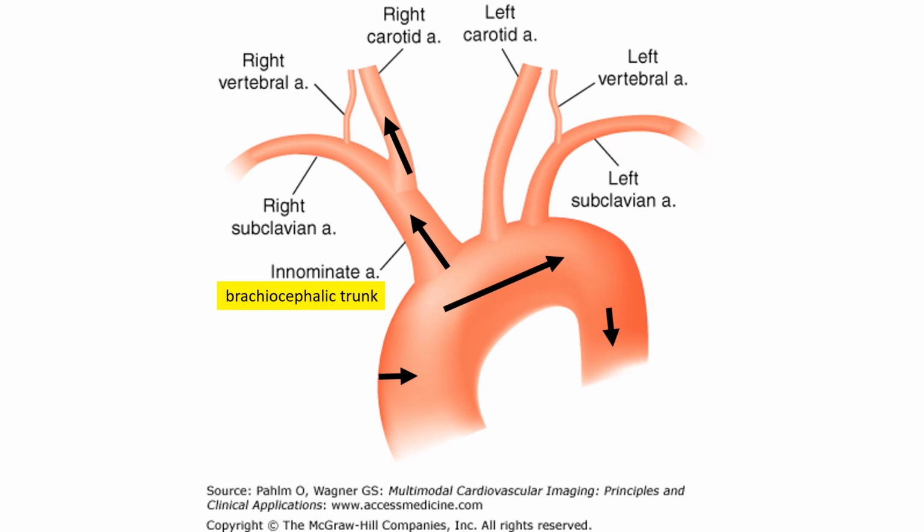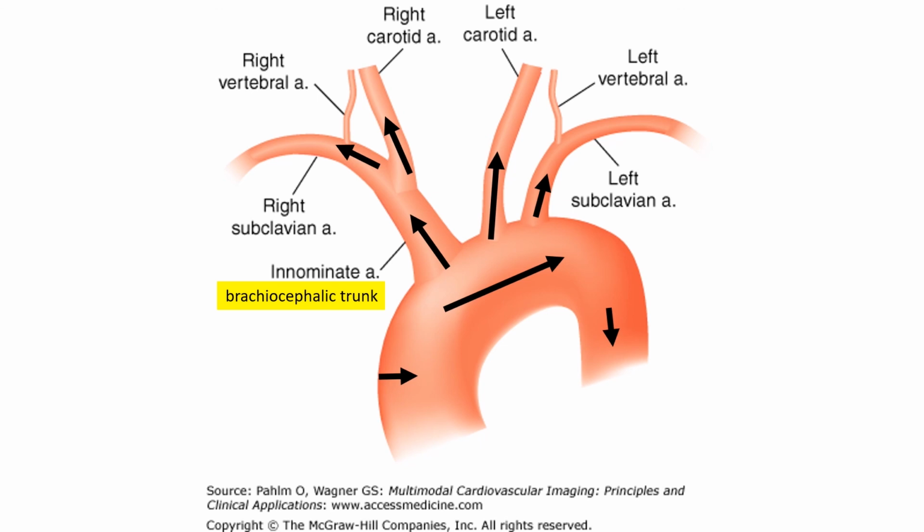Sometimes in some references the brachiocephalic trunk is called the innominate artery, not named yet, and this innominate or the brachiocephalic trunk later moving to the right, it is going to give the subclavian artery supplying the right upper limb and the common carotid artery for the right side.